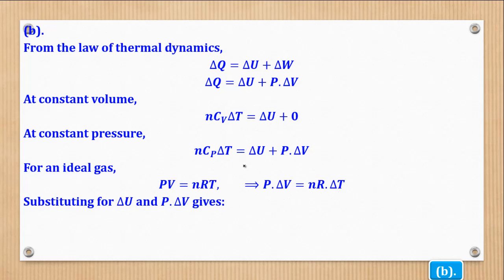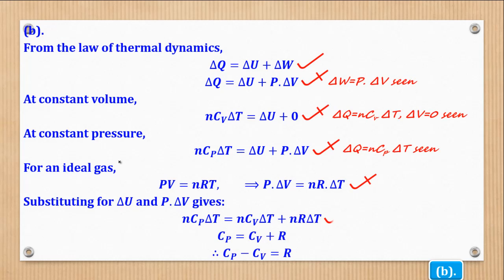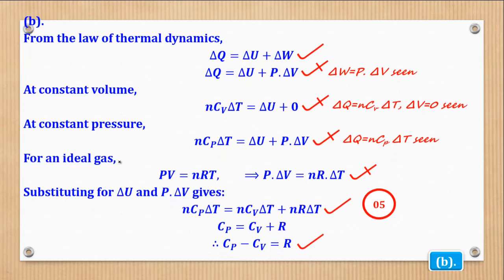So let me substitute for this and also for this and see what we get. We come up with that where this can cancel and also this can cancel, so we remain with that. So rearranging the required format, and that's what they wanted. And that's how marks will be awarded.